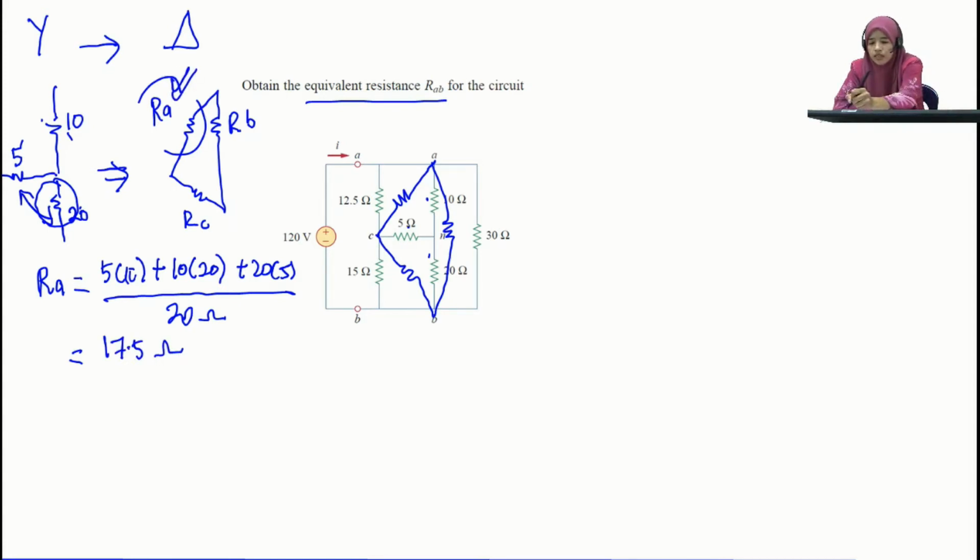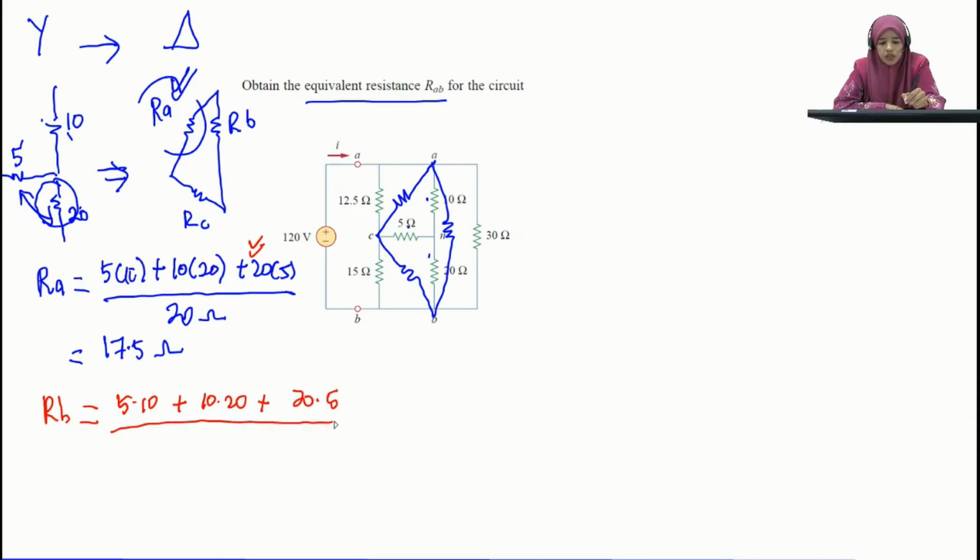And then let's look at RB. You can try as well to find the value for RB. The top is always the same, I mean 5 times 10 plus 10 multiplied by 20 multiplied by 5. The only difference is the denominator, which is at the bottom.